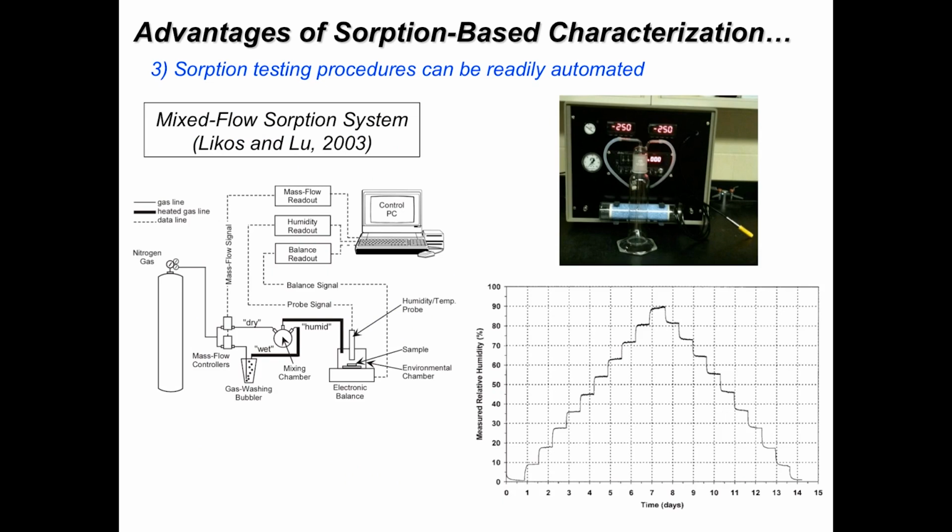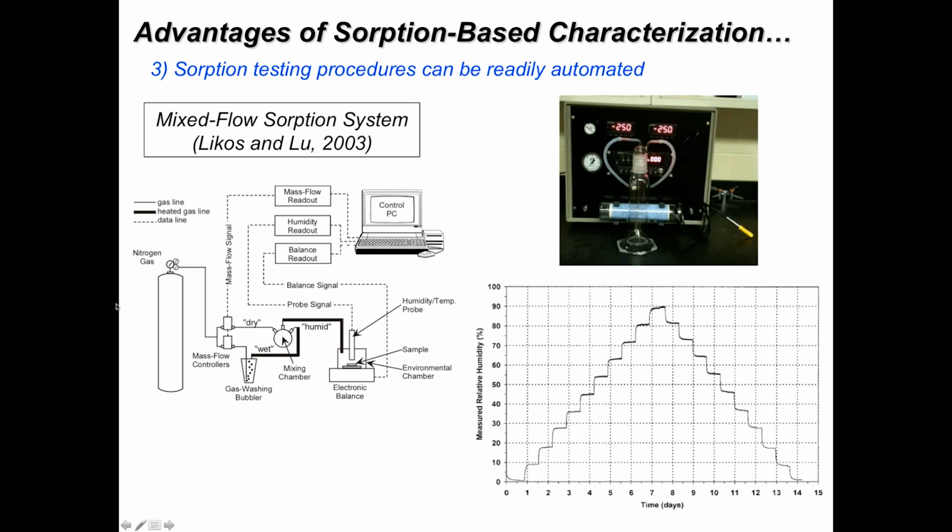This is a slide summarizing some of the earlier work we did measuring sorption isotherms using a steady state approach. Just to summarize the schematic over here, basically this is a way to control relative humidity in a small chamber and then measure how much moisture a clay sample picks up in that controlled humidity environment.